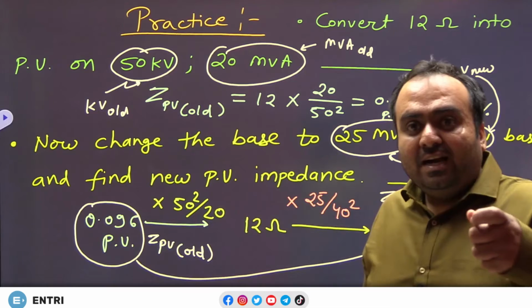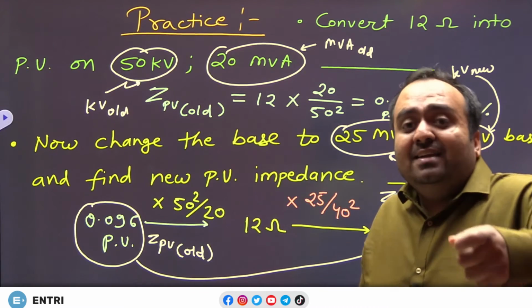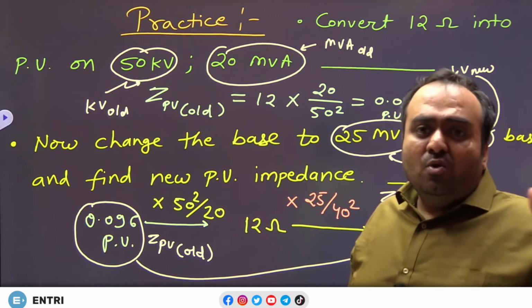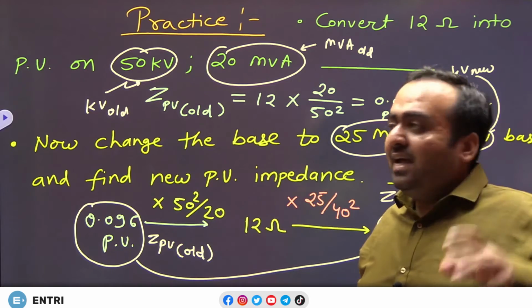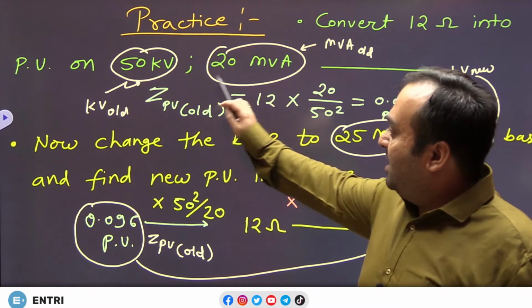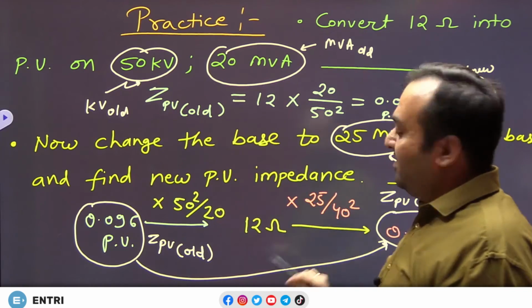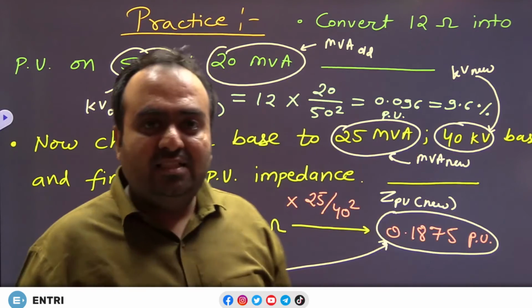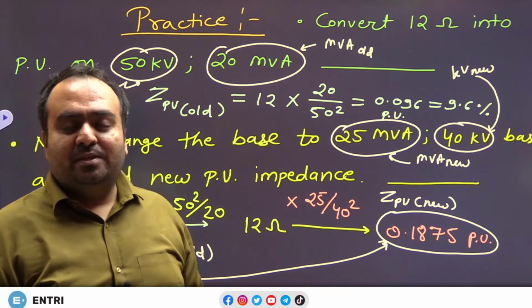Now again, I want you to pause the video here and have a relation of ZPU old, ZPU new getting related by MVA old, MVA new, KV old, KV new. Can you please pause and see what the relation comes out to be?